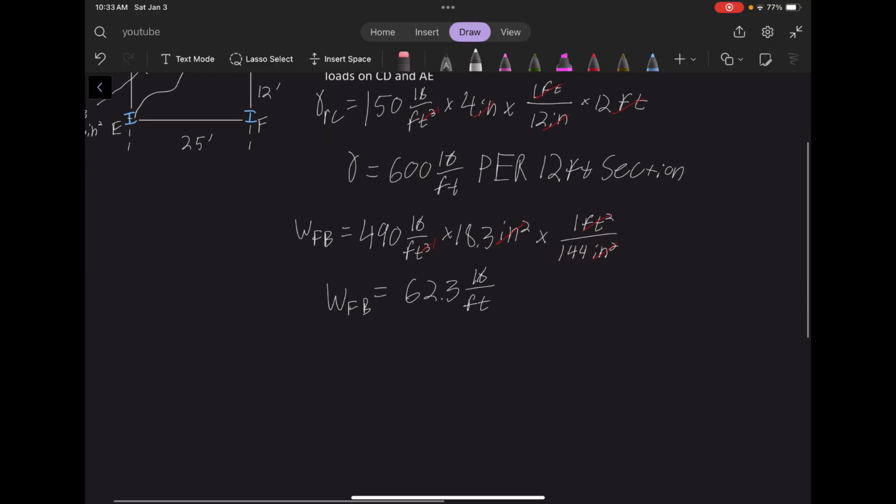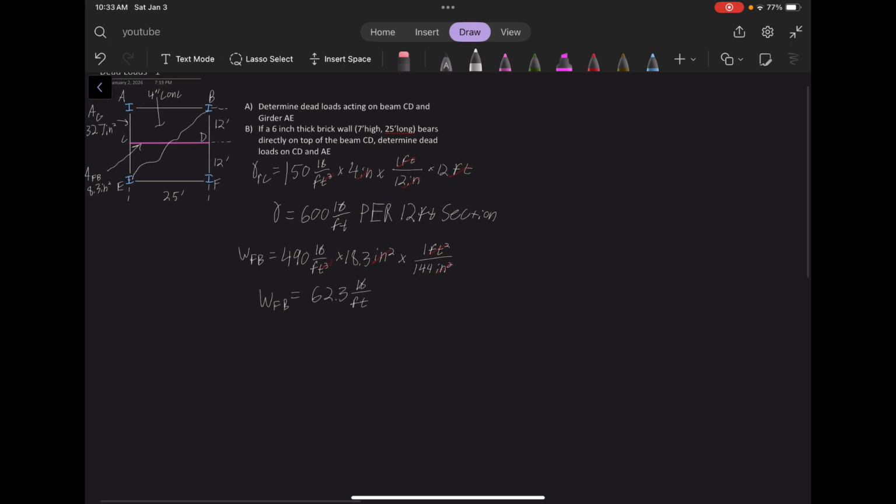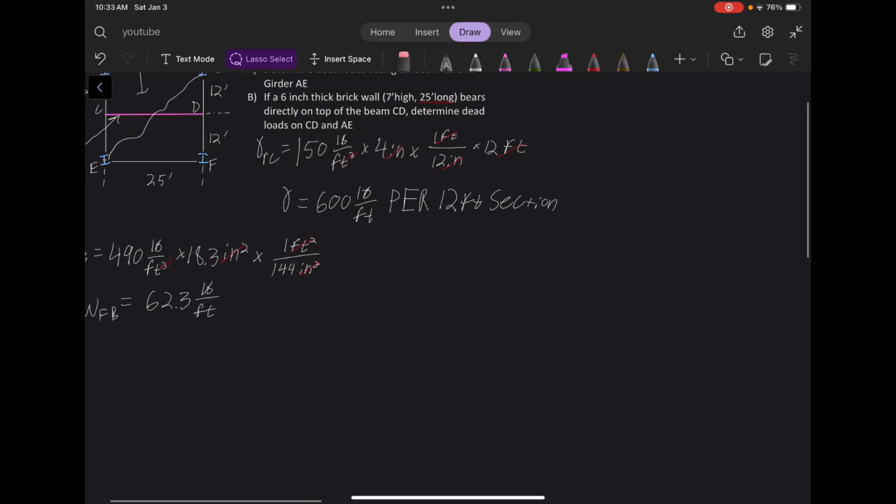Okay, so now we have 2 self weights. We've got to do one more for the girder. I'm going to move this over, and I'm going to do a little line here. So this is going to be the weight of the girder, which is, from my text, 490 pounds per foot cubed times the area of the girder, 32.7 inches squared, times, again, we have to do the same conversion, foot squared over 144 inches squared.